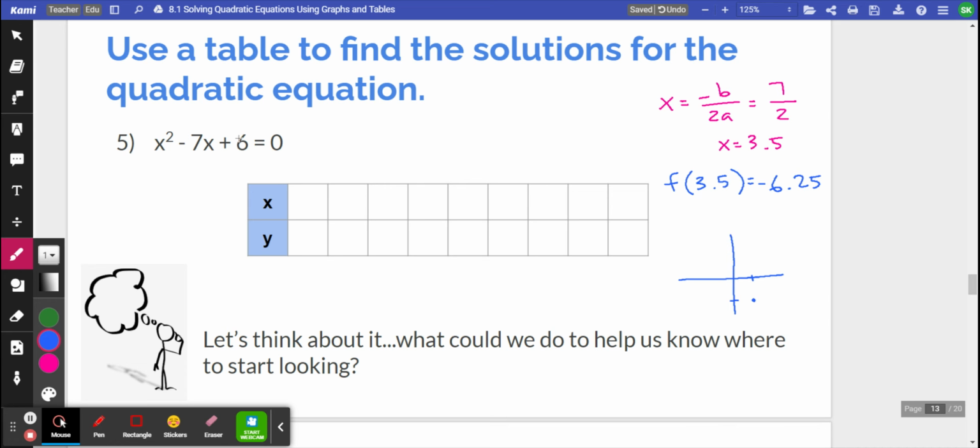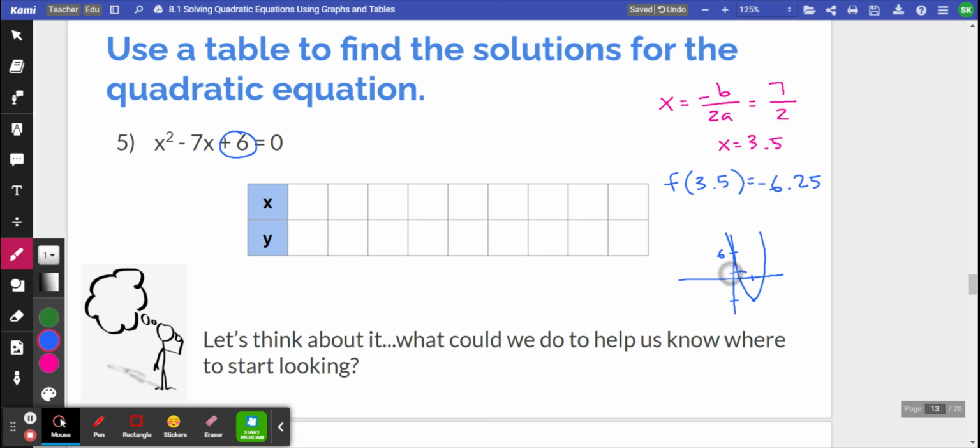I also know that the y-intercept is at positive 6, so probably somewhere up here. So that means the parabola will look kind of like this. That's my bad sketch of it, you guys. Let me just make a better sketch. There we go.